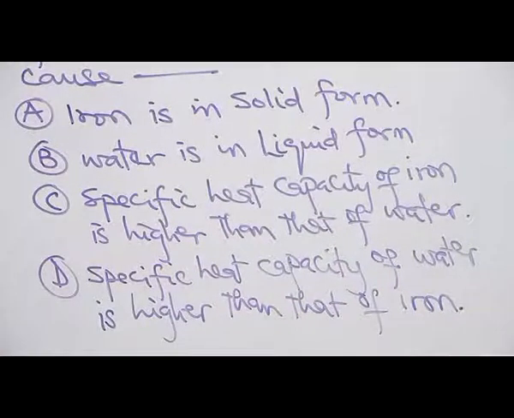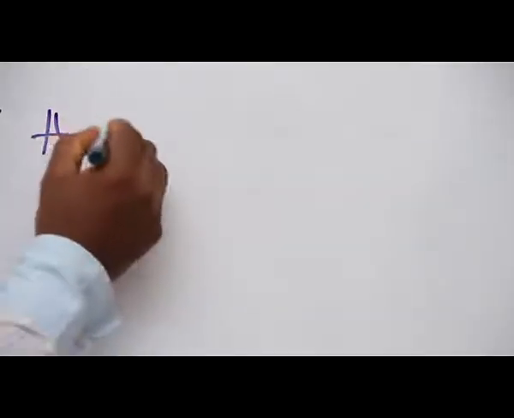To answer the question, we have to review what we've studied about specific heat capacity and heat capacity of substances. It is only 3 things that determine how hot or cold a substance becomes. And the 3 factors are the mass of the substance, the specific heat capacity, and the change in temperature. Answer.